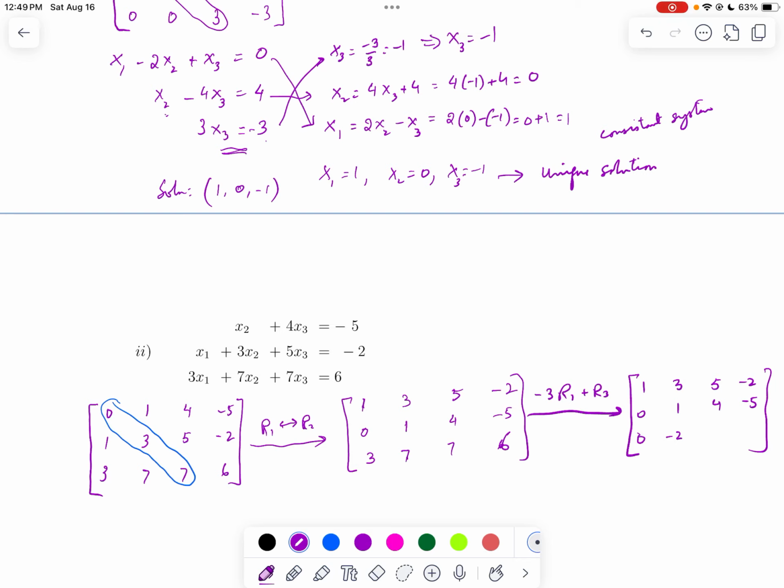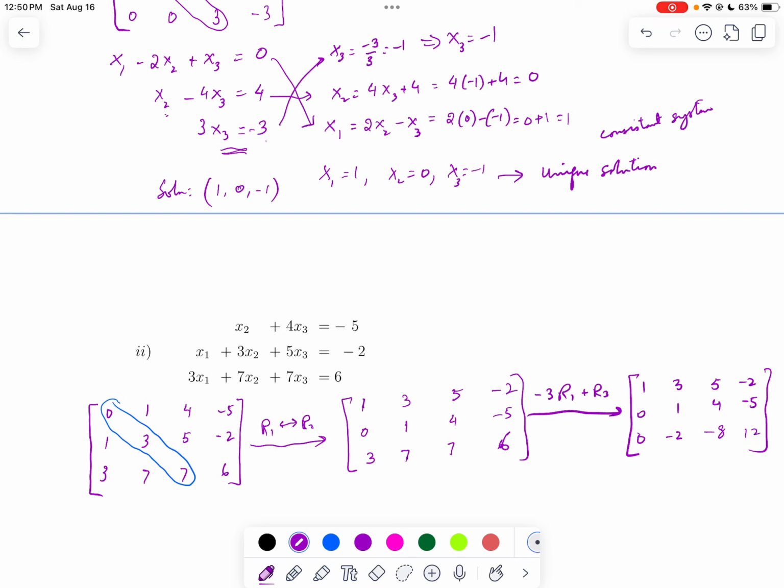Then 5 multiplied by -3 gives -15 plus 7, so -8. And with the last one, -3 into -2 is 6, and 6 plus 6 is 12.